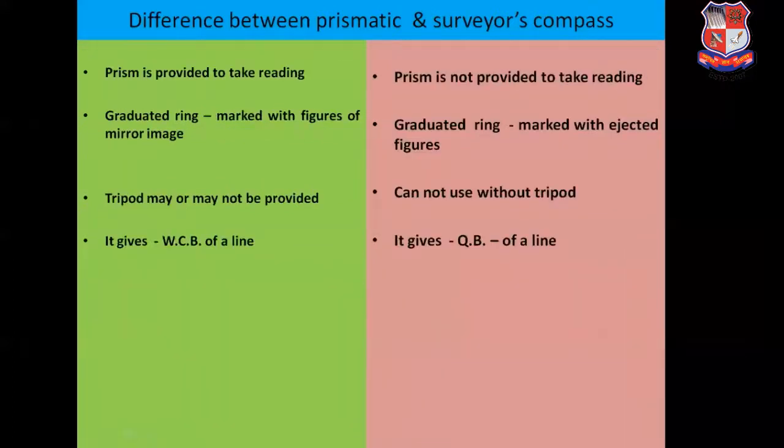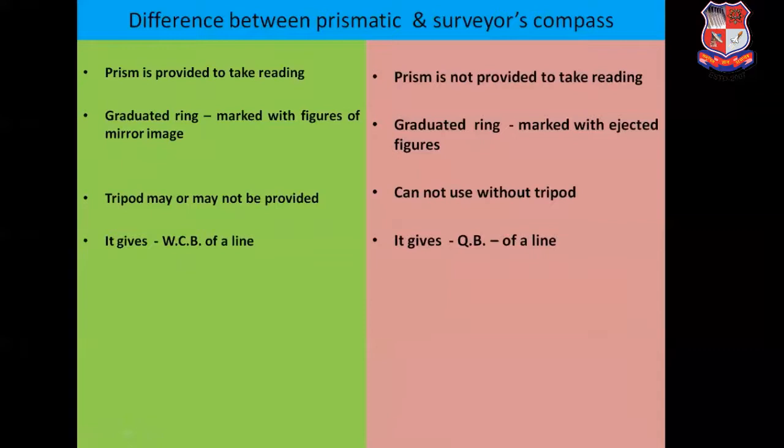Next, in the prismatic compass, a prism is provided to observe the readings of the graduated circle or ring, while in the Surveyor compass, a prism is not provided to take the reading. Prismatic compass, graduated ring is marked with figures as a mirror image.